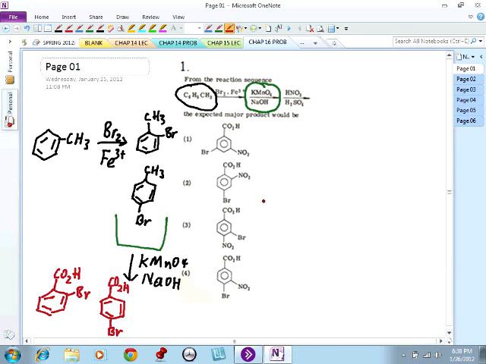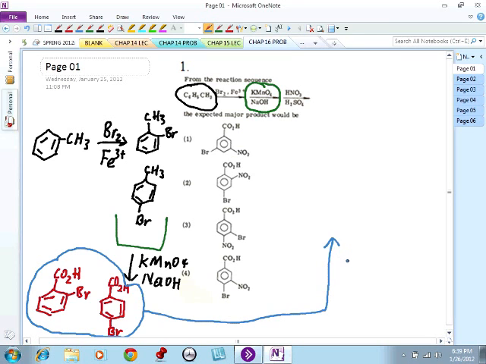Now after that, what did they do? They now take this product here, and they perform another reaction. What type of reaction are they performing here? Nitration. So what kind of product do you expect?